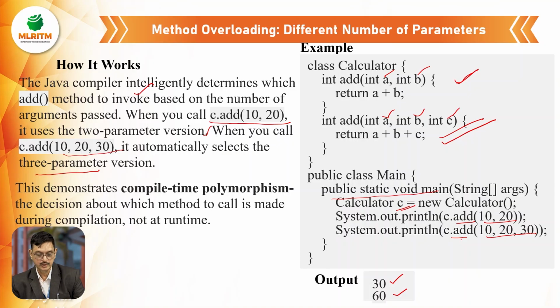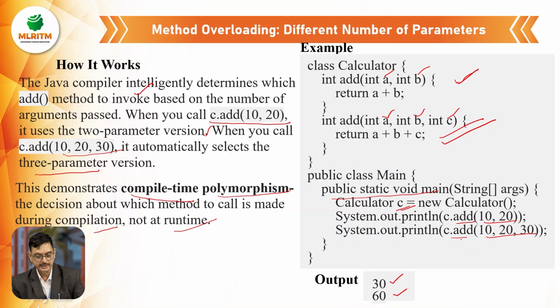This type of overloading is called compile time polymorphism. The decision about which method to call is made during compilation, not at runtime. We already gave details on which version to be selected based on the number of arguments. So we are calling it compile time polymorphism.